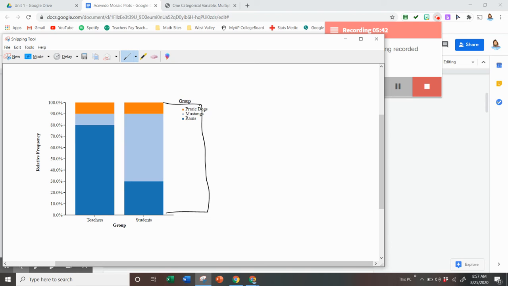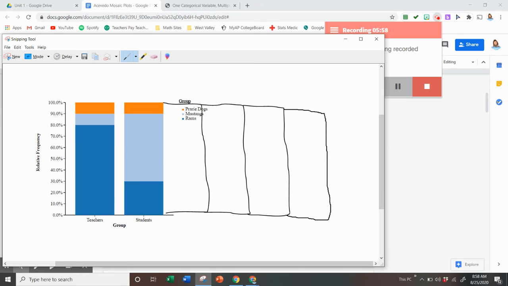So 1, 2, 3, there's 4, and now there's 5, to take into consideration the proportion of students to teachers. So this right here is what we would call a mosaic plot, because mosaic plots take into consideration the proportion of our two groups.